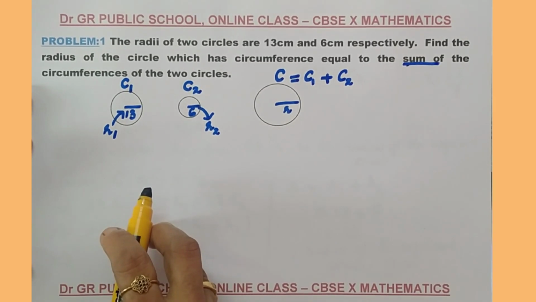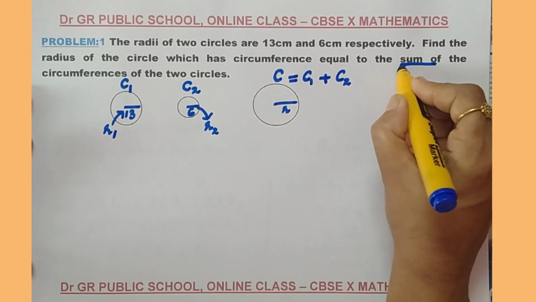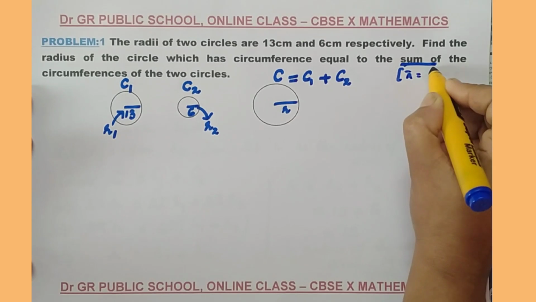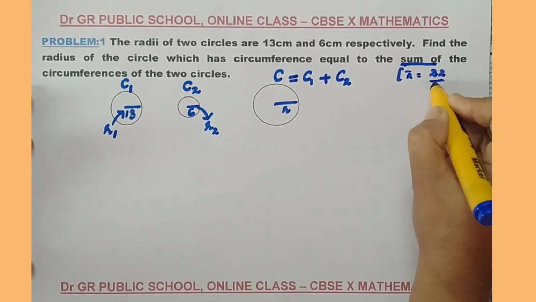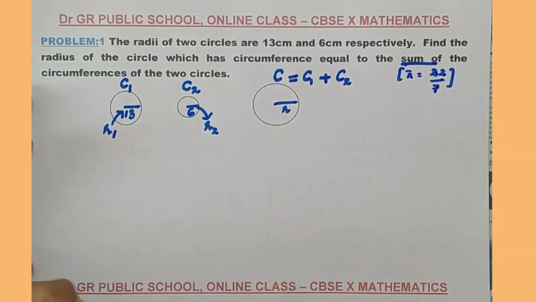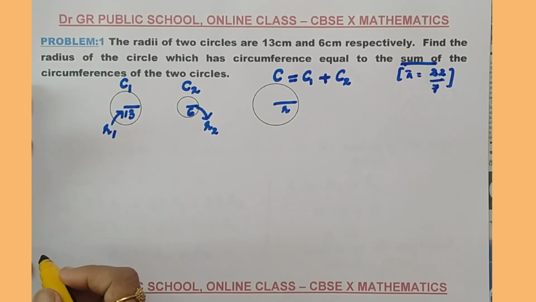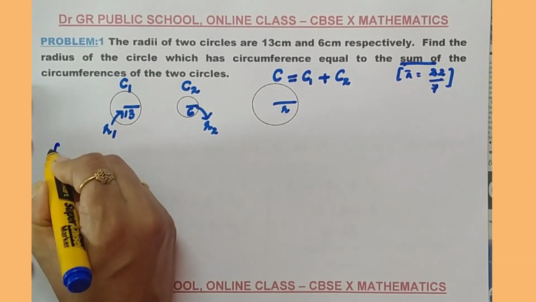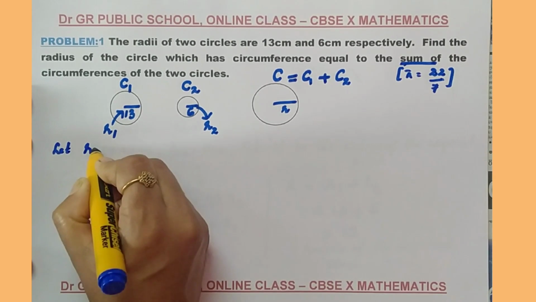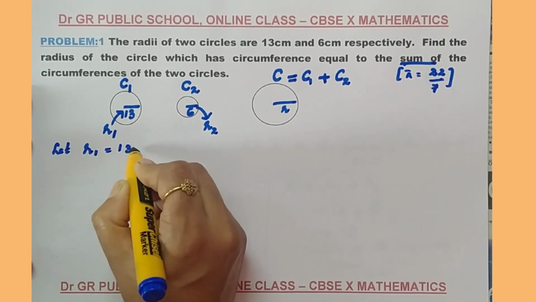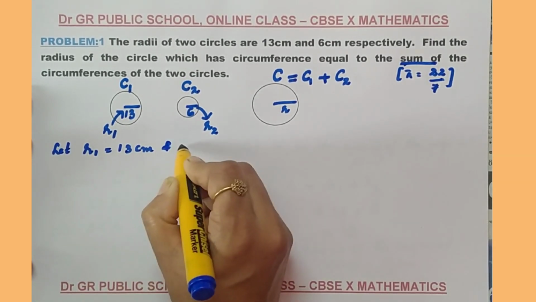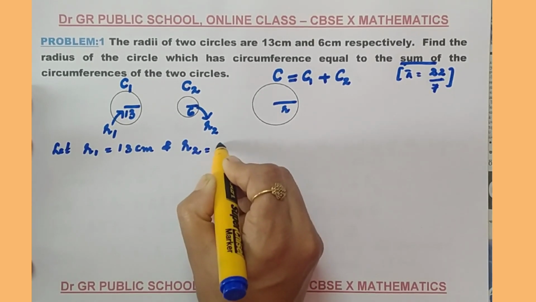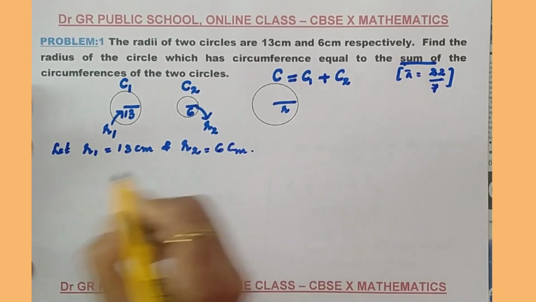Suppose you are given the value of pi as 22/7, you know to substitute it in this question. But look at the way I am going to do the calculation. Let R1 equal 13 centimeter and the radius of the second circle R2 equal 6 centimeter.